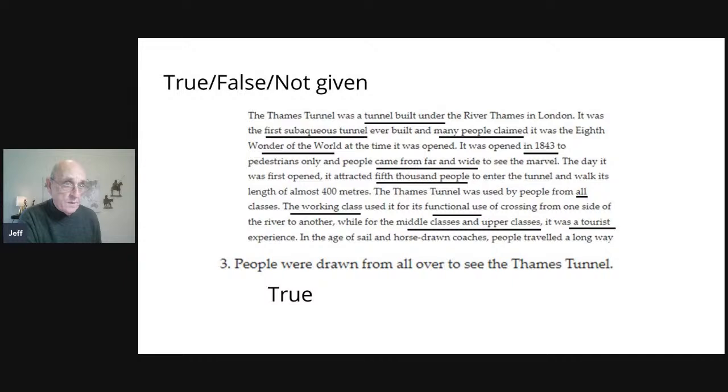If it comes down to it, and you have one question to go, maybe you're short on time and you want to keep going and get moving on to the next set of questions, if you haven't used not given, put it in. Or maybe you have 5 questions and you do 1 and 2 and you're sure of the answers, but you're not sure of number 3. So you can't find the answer, go to number 4 and you find out that that's true, and you find out the next one's false.